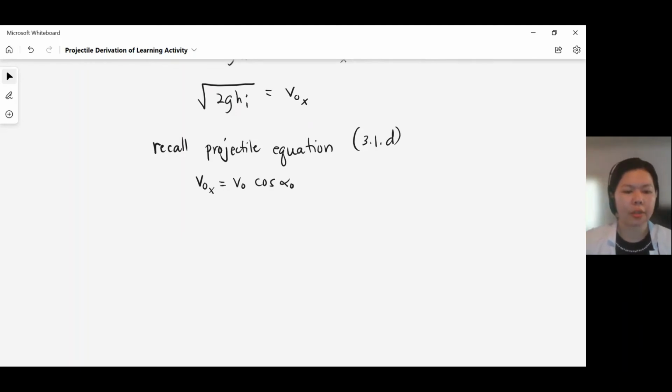Since alpha naught equals 0 in our situation, v naught x equals v naught.